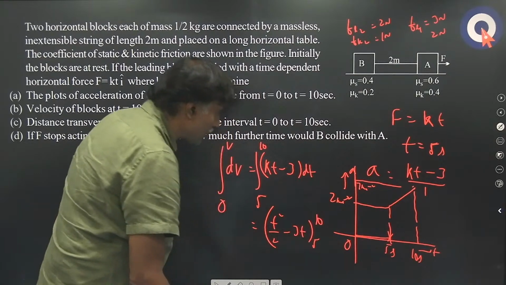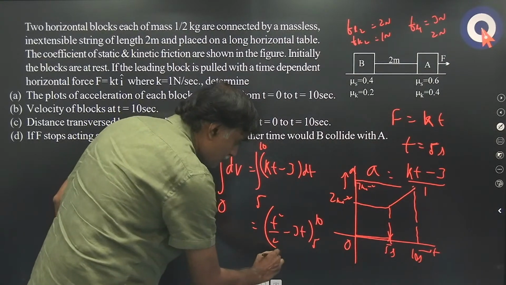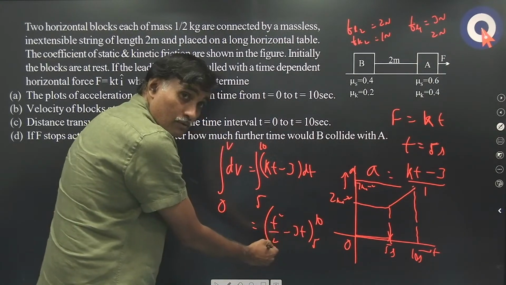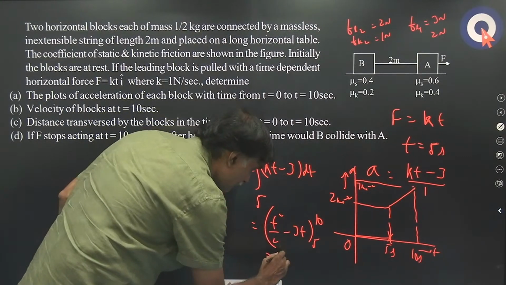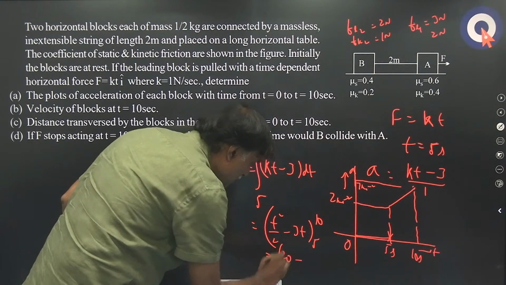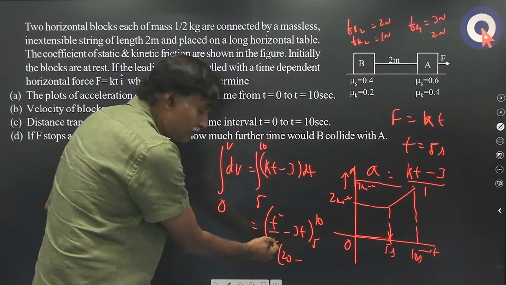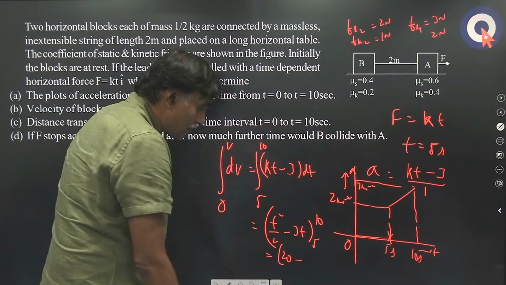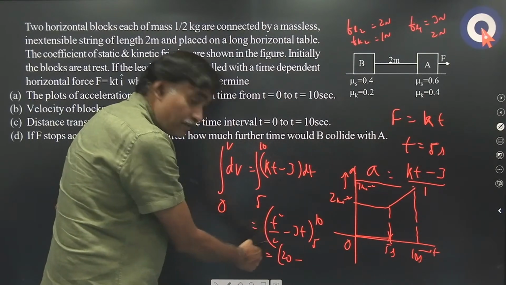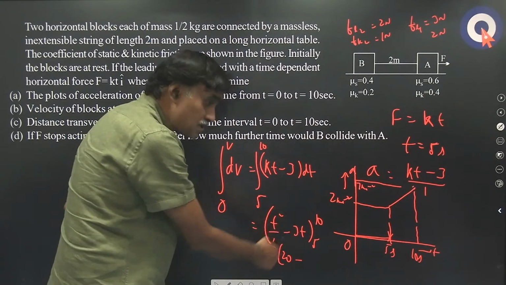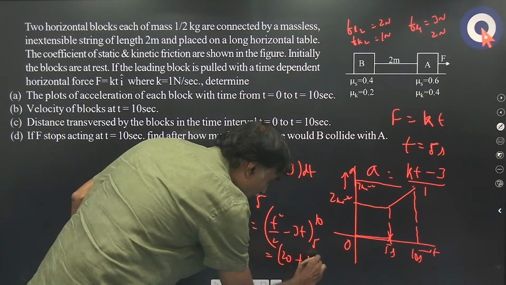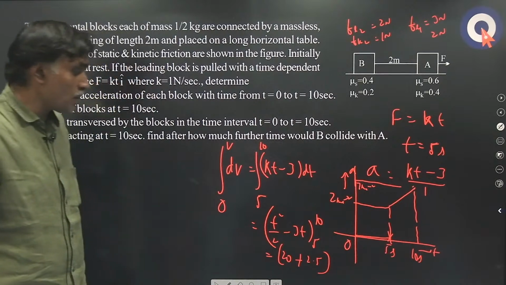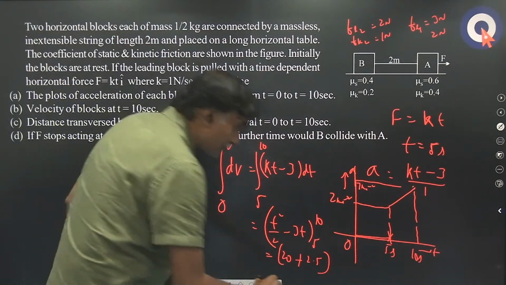If you substitute the upper limit, what do you get? 100 by 2, that is 50. 50 minus 30, that is 20. Minus, if I substitute the lower limit, this is 25 by 2, that is 12.5, minus 15, that is minus 2.5. So, it will become plus 2.5. So, that is 22.5 meters per second you will get.